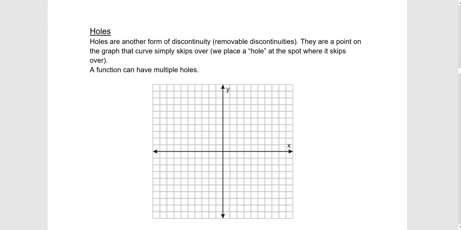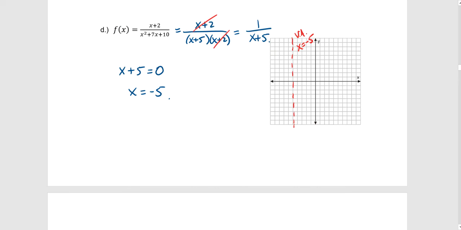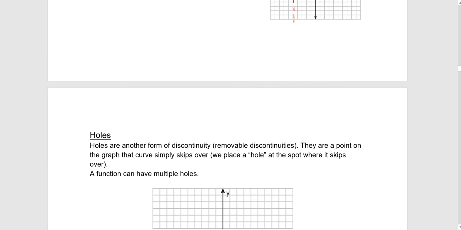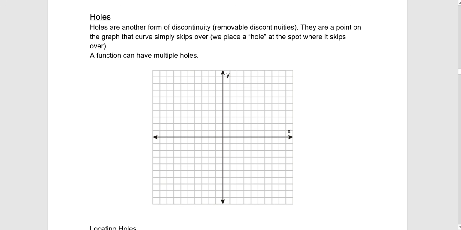Okay, so when we canceled out common factors, looking back up at this example that we just did, we still cannot plug in negative 2 into the original function because that will make that denominator equal 0, but we canceled that factor off, which means it was not a vertical asymptote. What that's going to end up being is what we call a hole. So a hole is another form of a discontinuity.